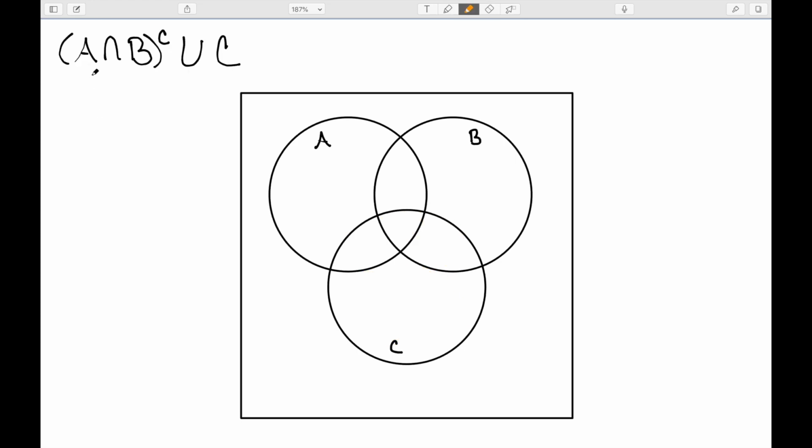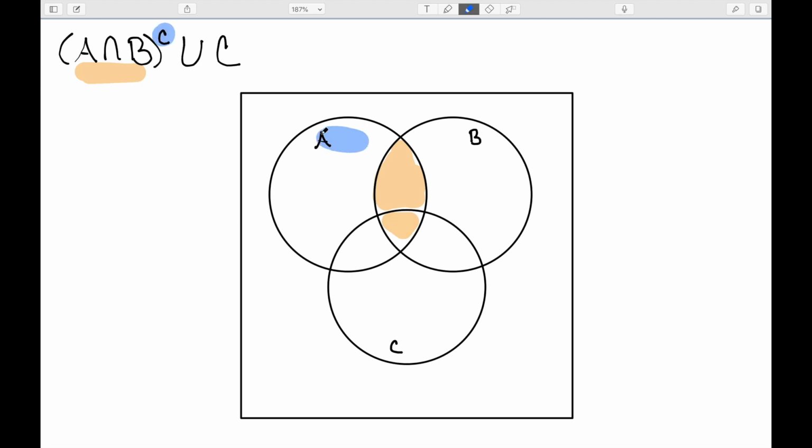Next, I have A intersect B, complement, union C. So I'm going to start with just what's in parentheses, A intersect B. This will be what A and B share. So this piece right here, as well as this one here. However, I really want the complement of this.